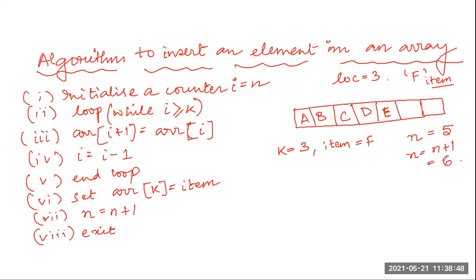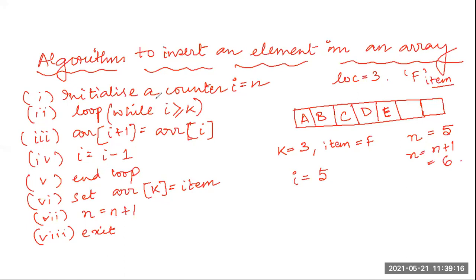Let us see what this algorithm does. The first statement is to initialize a counter I equal to the number of elements. So what will be the value of I according to this problem? 5.